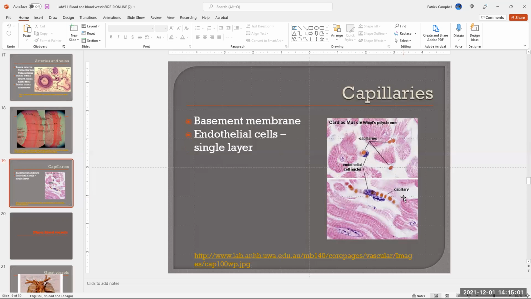Now, how would you know it's a capillary? Anybody want to hazard a guess? What are these things that are in the capillary? It's a type of blood cell. Which type of blood cell? RBC, and we're not talking about Royal Bank of Canada.